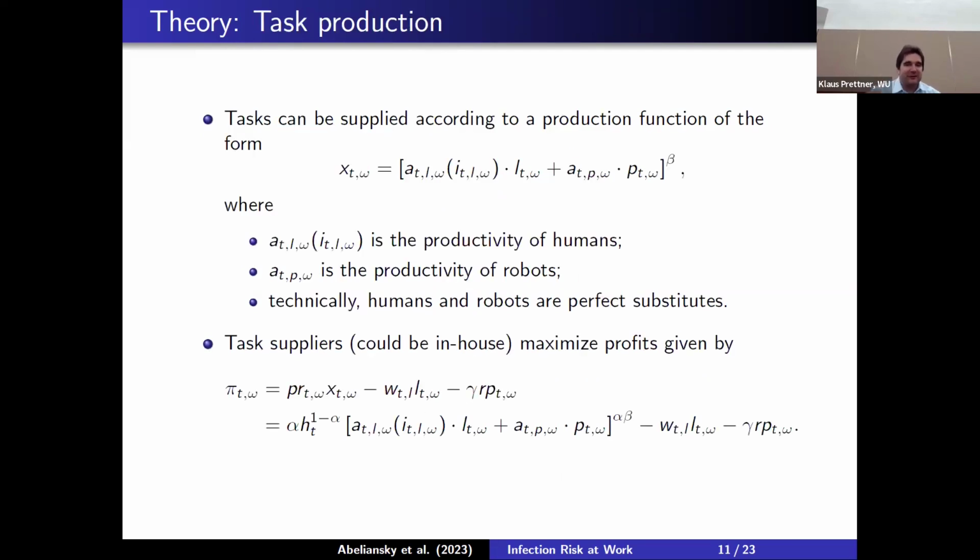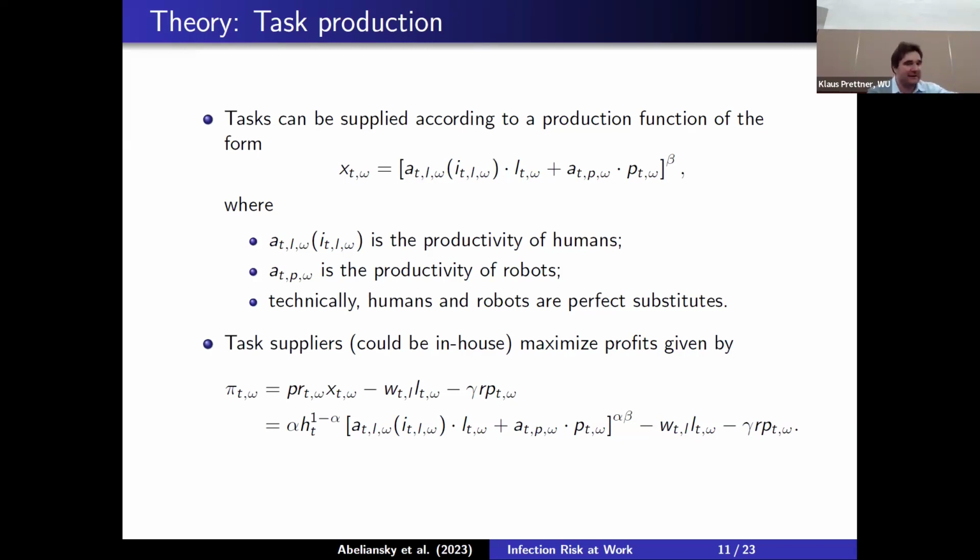And now we have the task production. So xt omega is produced by another sector, or by in-firm task suppliers, that supply these different tasks, and they can do this by either employing humans, where L would be human labor input and the productivity of human workers is AT omega, and this productivity depends on the infection risk at the workplace.